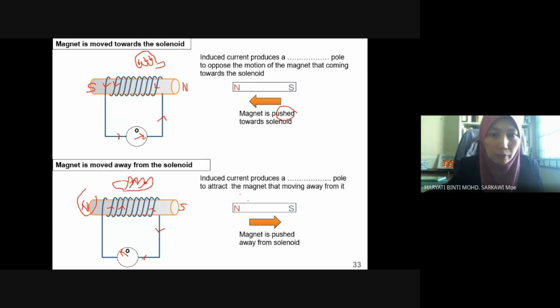When you pull out the magnet, here becomes the opposite pole because it wants the magnet to stay inside. Then you mark which one is north-south, use your right-hand grip rule, label the current, and slowly follow the flow of the current in the wire. Then you know which direction the pointer will deflect.